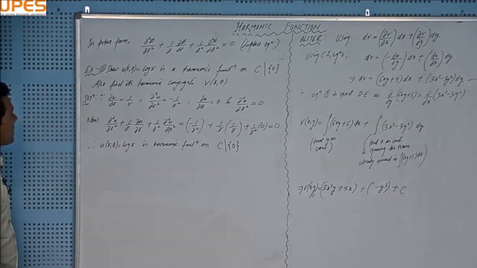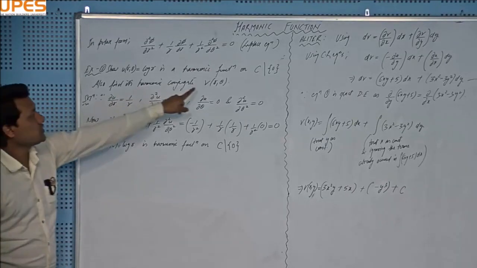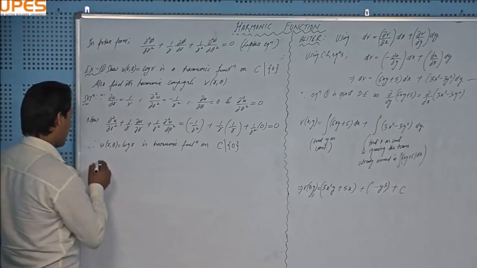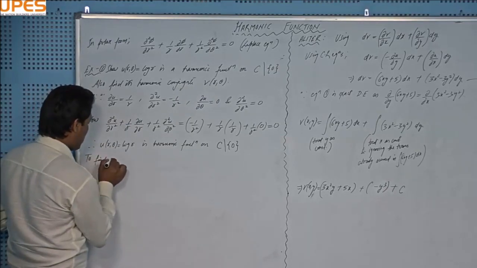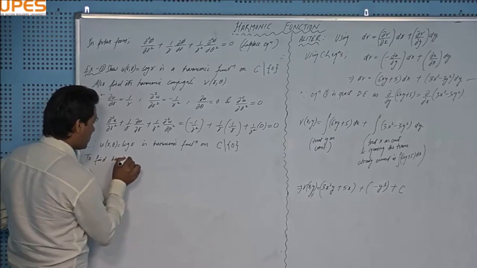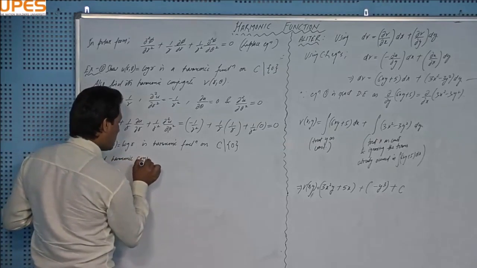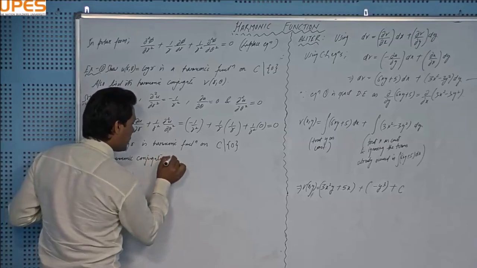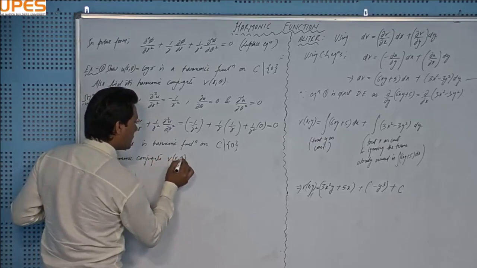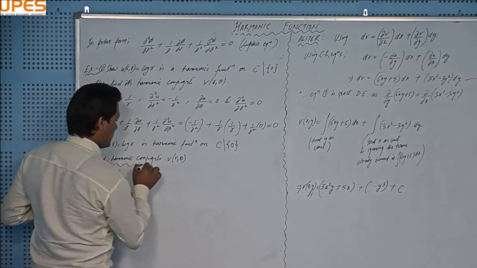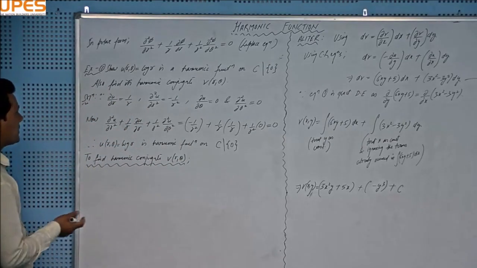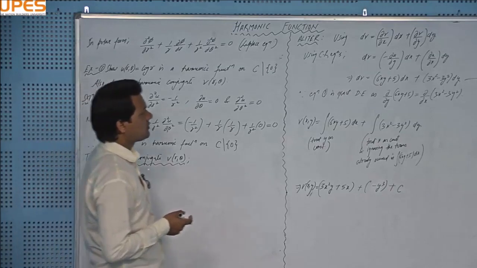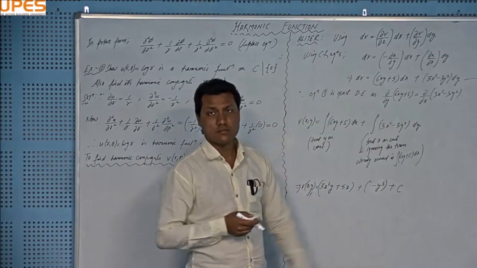Okay, now the second part, to find its harmonic conjugate v(r, theta). There are two methods. I may use this method also.